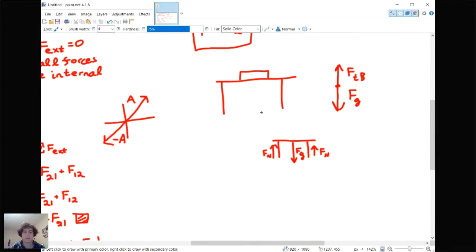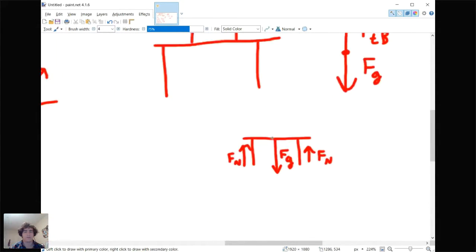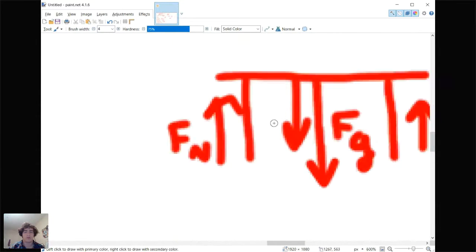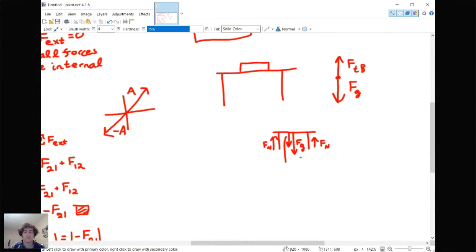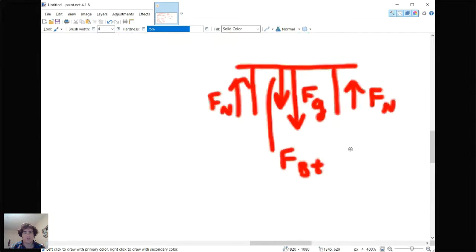But there's also a normal force acting from the book, right? A normal force is going to occur when any two objects are touching. So there's also a force normal occurring from the book. And instead of calling it Fn, because it's not the same Fn right here, we're going to call this the force from the book on the table.